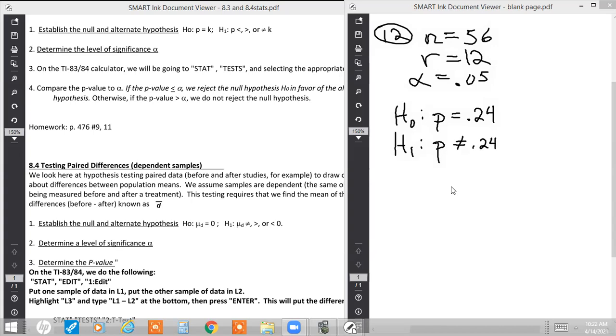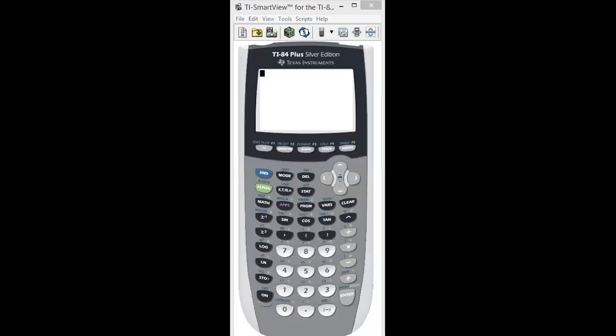All right, again, bear with me because I need to change the share so I don't freeze up. There we go. So you should be seeing the graphing calculator now. Again, we're going to go into stat, tests, number 5.